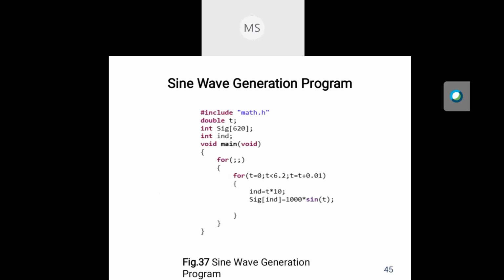No, actually it is not so. What you have written, 620, that should not be 620. For a sine wave, that should be 628. Why 628? Because you see, 2 pi. The sine counts up to 628, 3.14 into 2, that is 6.28.